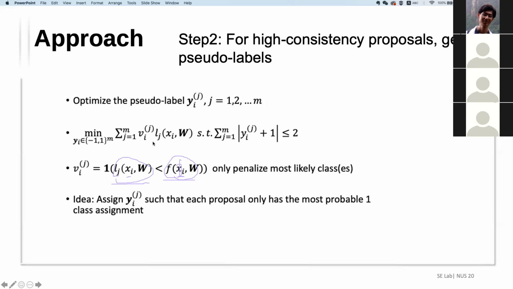And we only look at what it means. If you forget about this vi, then this is just a summation of binary cross entropy loss over all classes, right? And where's the label? Where's the label of this xi? Oh, here. For each yi, you can just get the binary cross entropy loss, right?